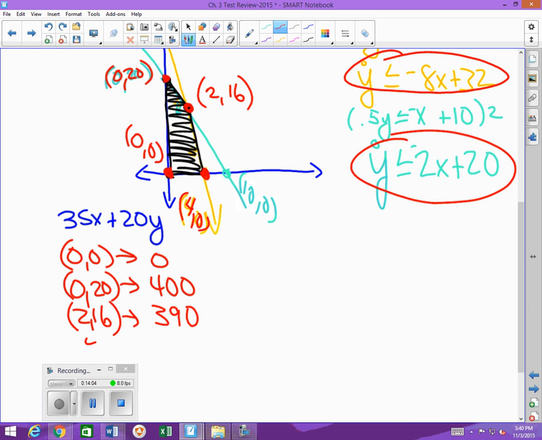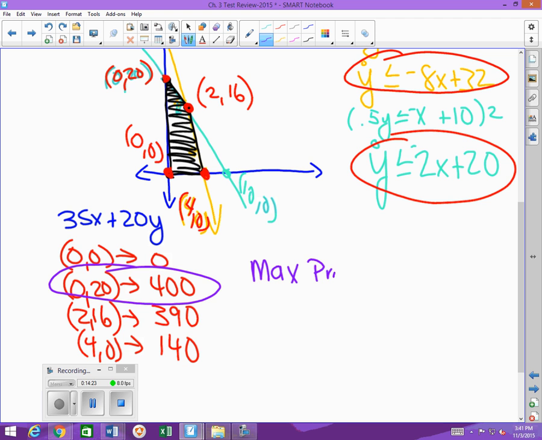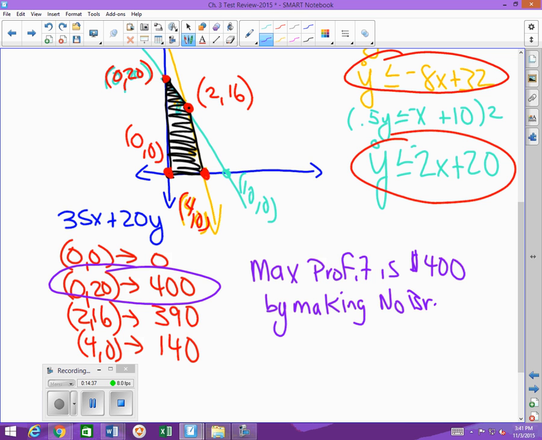And the point 4, 0 will give us 140. So the maximum profit we are going to get is $400. And so our answer would be maximum profit is $400 by making no bread and 20 batches of muffins.